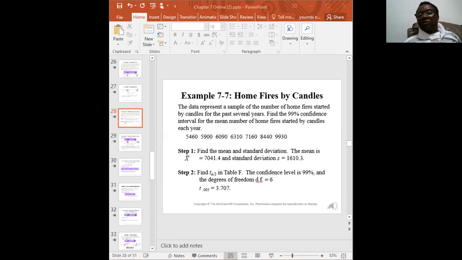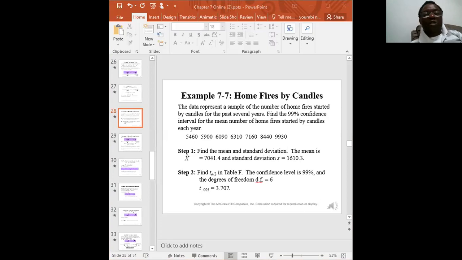Do you see both screens, Excel and the PowerPoint? No, I only see the PowerPoint. You can only see the PowerPoint. Okay, let me quickly type the values.